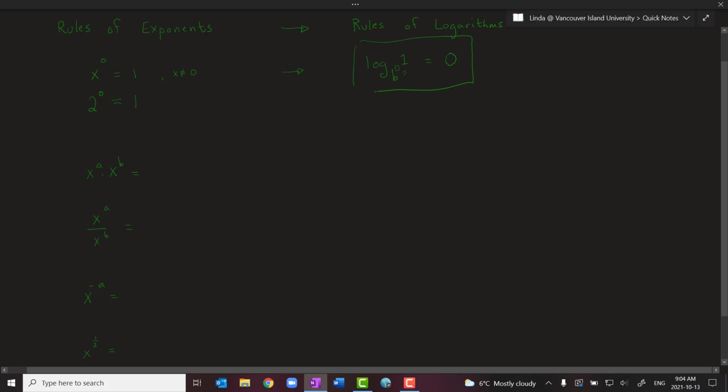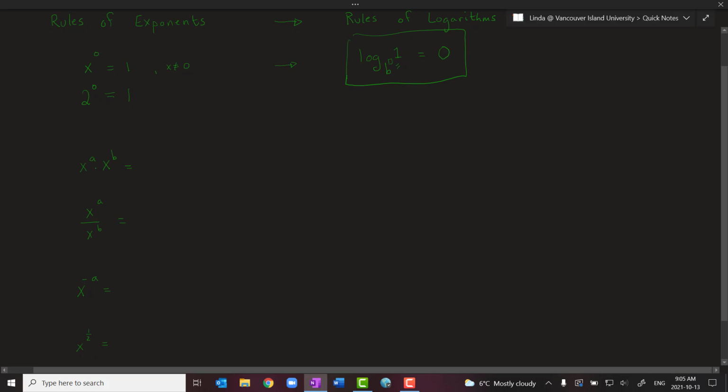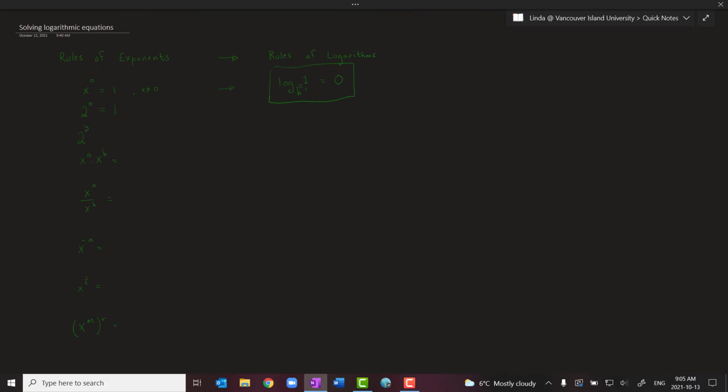Okay, second is that when you have x to some power times x to some other power, what is the rule here? So let's give a concrete example. So like 2 to the 3 times 2 to the 4. Really, 2 to the 3 means 2 times 2 times 2, and then times 2 times 2 times 2 times 2.